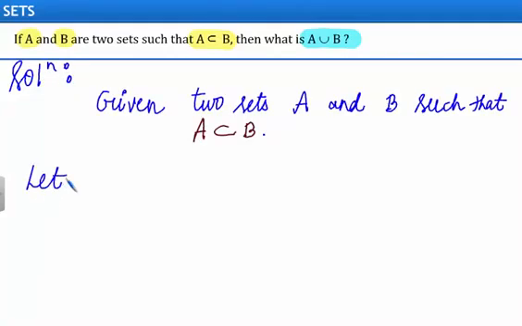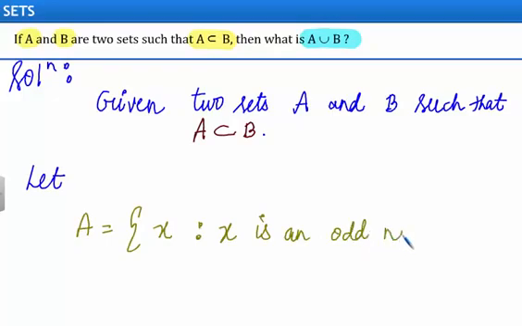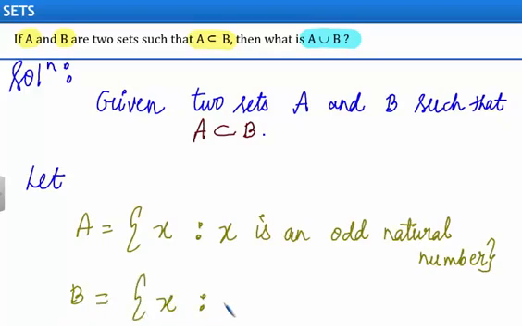Let us assume the set A is equal to set of x such that x is an odd natural number, and set B is equal to set of x such that x is a natural number.